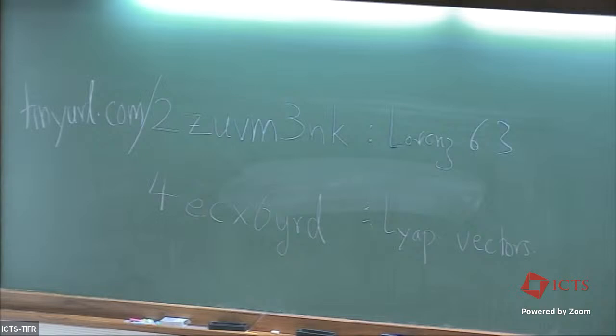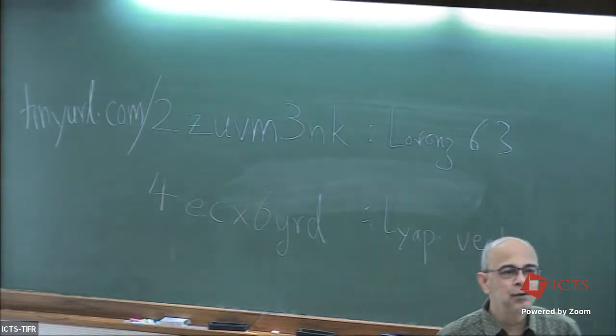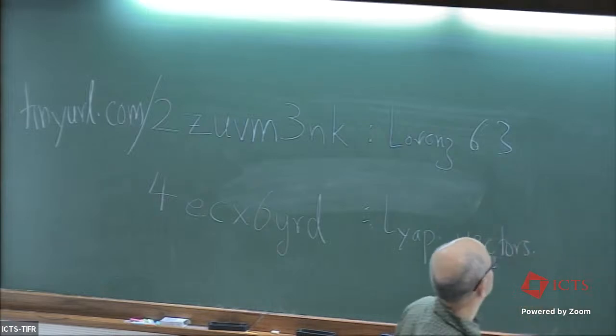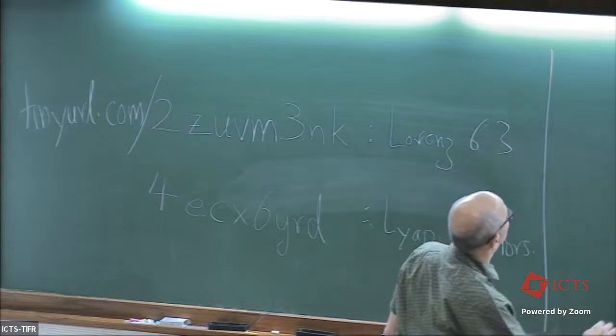Okay, so the first exercise was for this Lorenz system. The idea is as follows. Any of the numerical methods essentially give you an approximation of these systems. So the problem is as follows.